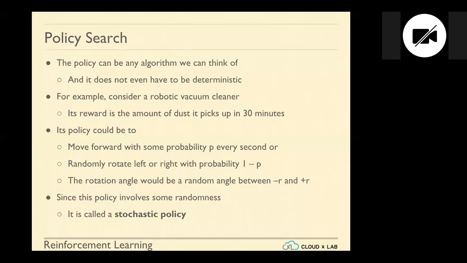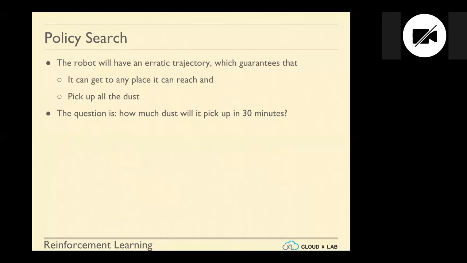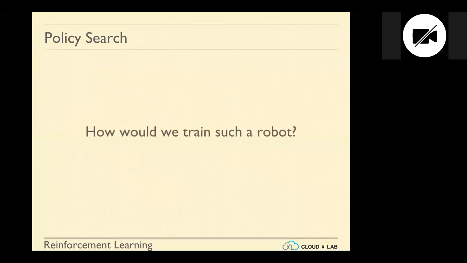The rotation angle would be a random angle between, say, -r and +r. Since the policy involves some randomness, it is called a stochastic policy. So the robot will have an erratic trajectory, which guarantees that it can get to any place it can reach and pick up all the dust. The question is, how much dust will it pick up in 30 minutes? How would you train such a robot?